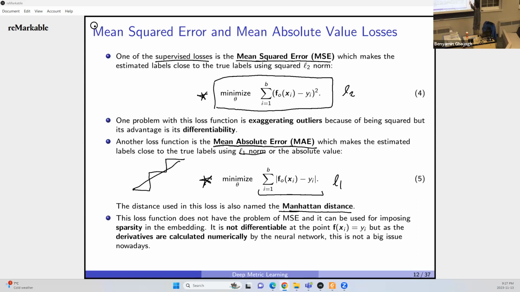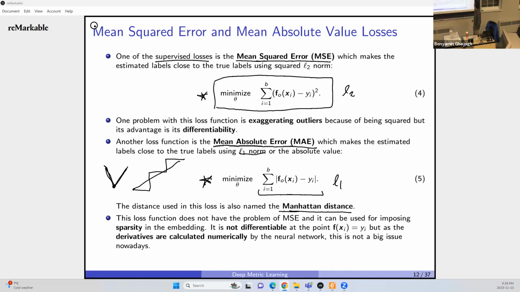Let's compare mean squared error and mean absolute error. Mean squared error has one advantage over mean absolute error. In other words, the L2 norm has one advantage over the L1 norm: it's differentiable and smooth. But the L1 norm is not as smooth, especially at the origin.